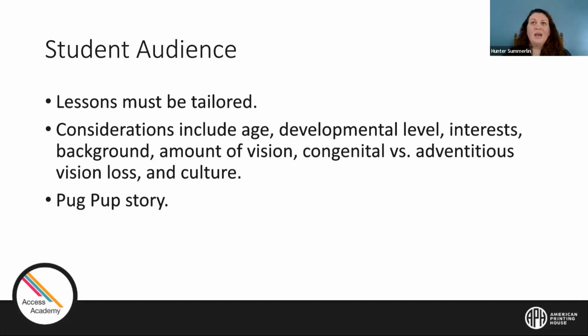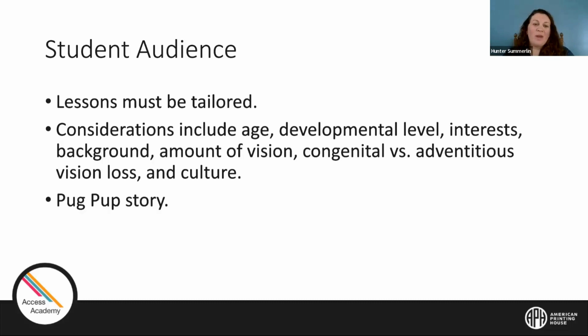So a Braille reader can be this huge range of things. And because there is just an extreme amount of variation in what a Braille reading student might look like, we have to tailor that instruction, which BOP allows us to do.